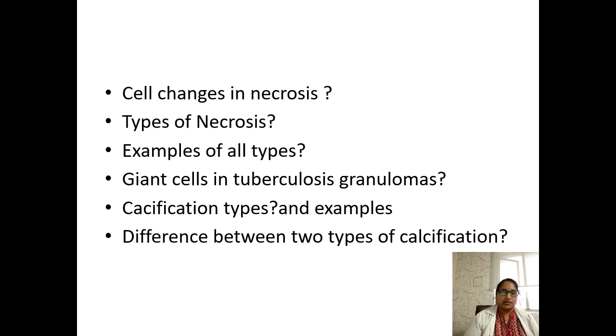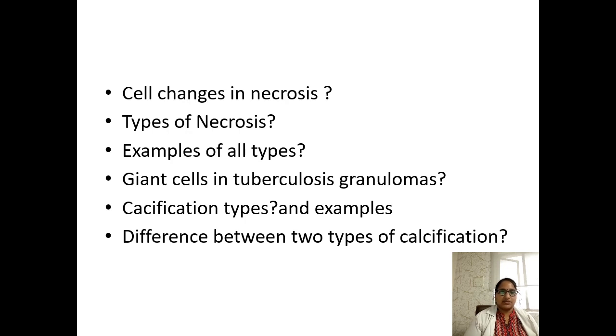Liquefactive necrosis occurs in the CNS and abscess cavity. Caseous necrosis occurs in tuberculosis, and fat necrosis occurs in breast trauma cases and acute pancreatitis, where there will be mesenteric fat necrosis. Fibrinoid necrosis occurs in immune vasculitis. So all these are the examples.